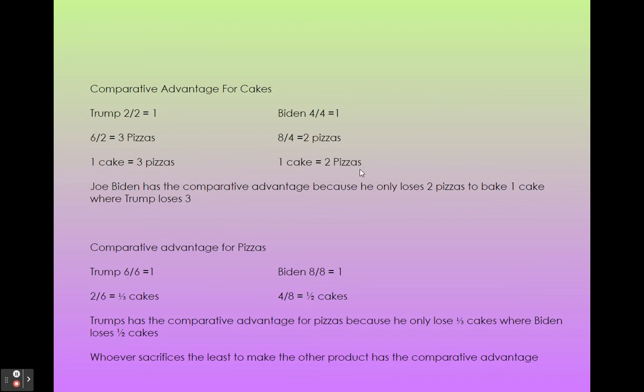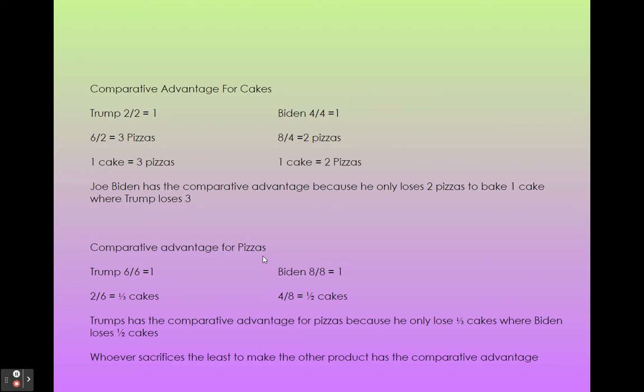Now we do the same thing for pizzas. We just flip it. We start again with pizzas here, so we need to get this to 1. Divide by 6. 2 cakes divided by 6 pizzas is 1/3 of a cake. Same thing for Biden. He can make 8 pizzas an hour, so let's get that number down to 1.